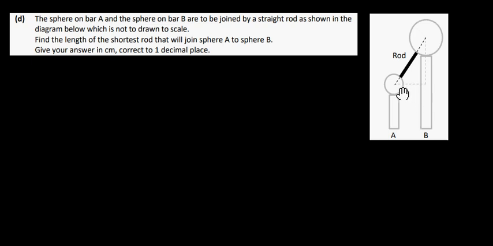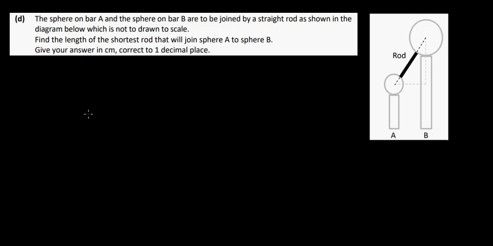So in other words, if we can find this distance here from the center of this sphere to the center of this cylinder, and the distance from here up to here, we can work out this radius here. We know this radius here is 3. We can just put in x here for the rod length and then use Pythagoras' theorem to work out what x would be. So let's have a go at all of that.